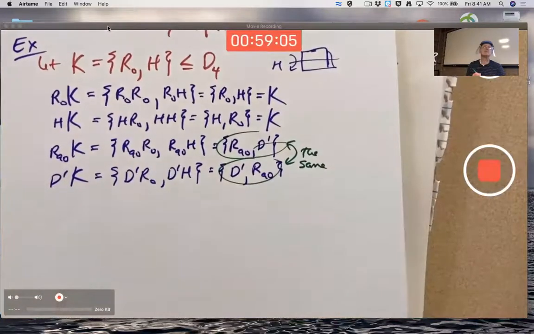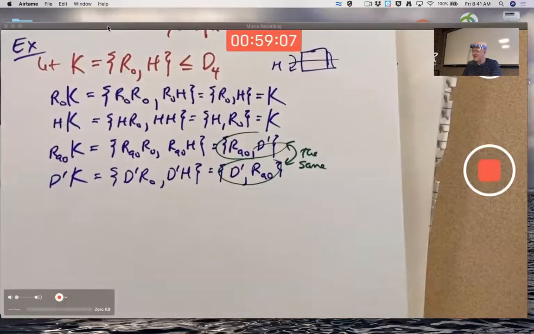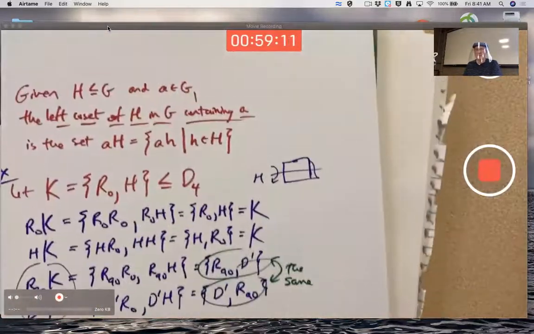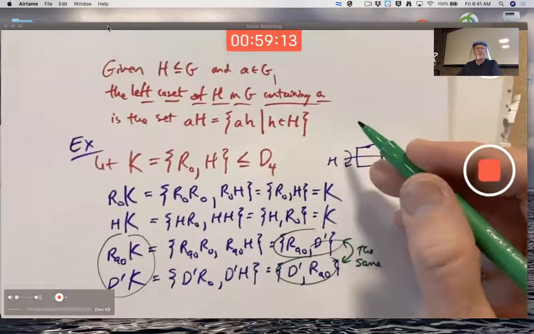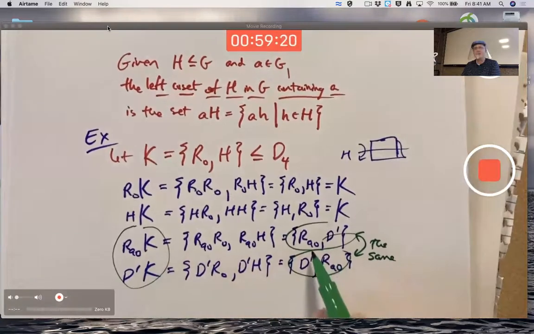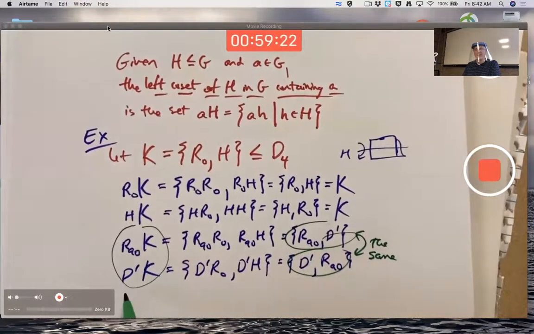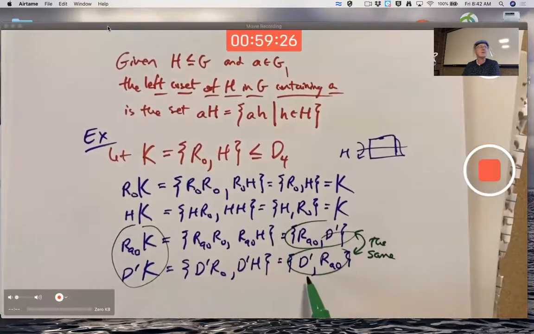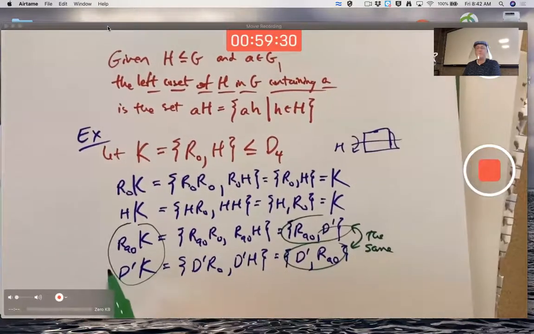That's no accident. And the notation suggests it should be true. If we're going to describe this notation with this terminology, this is the left coset of K in G containing R90. And yeah, it contains R90. And this is the left coset of K in G containing D prime. And yeah, it contains D prime. Different A's in front of the subgroup could give you the same left coset.